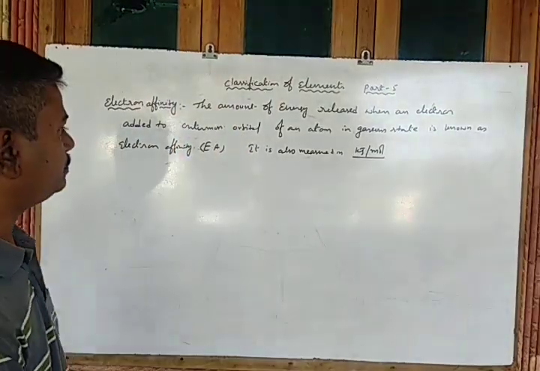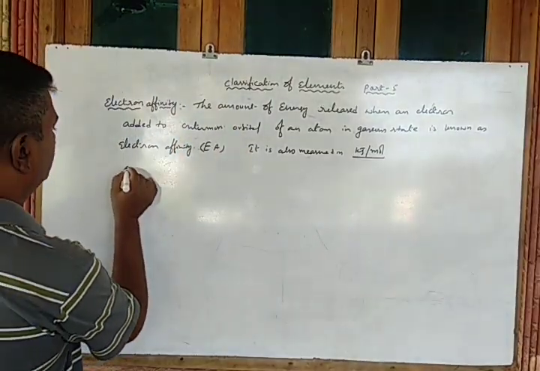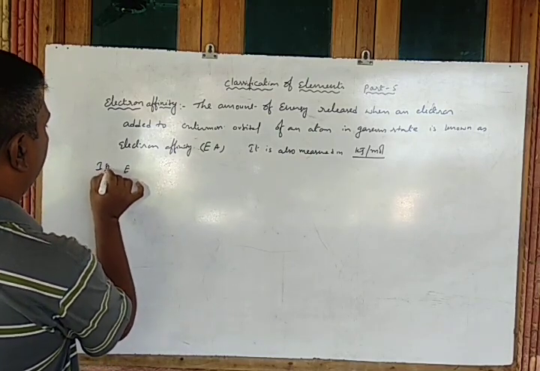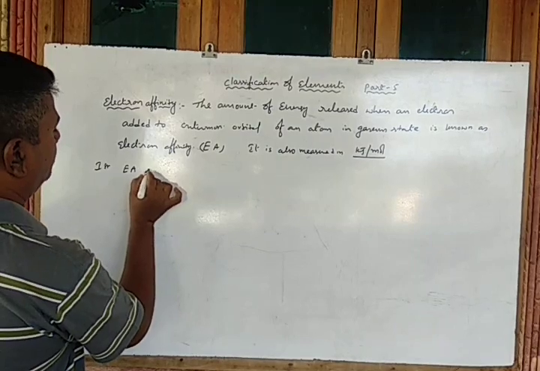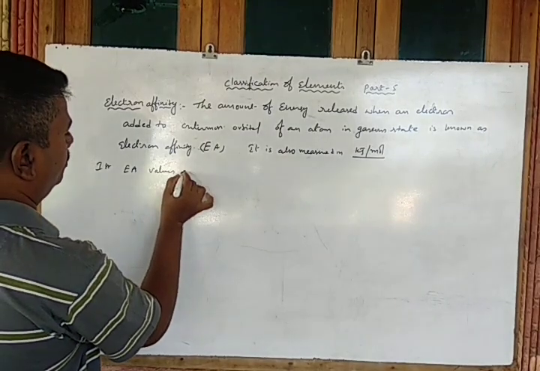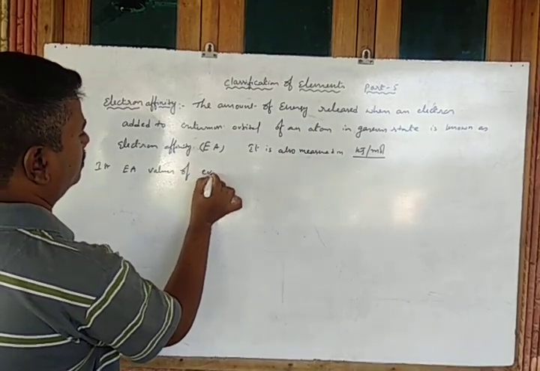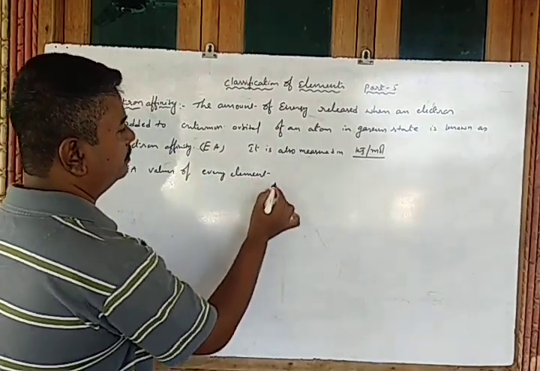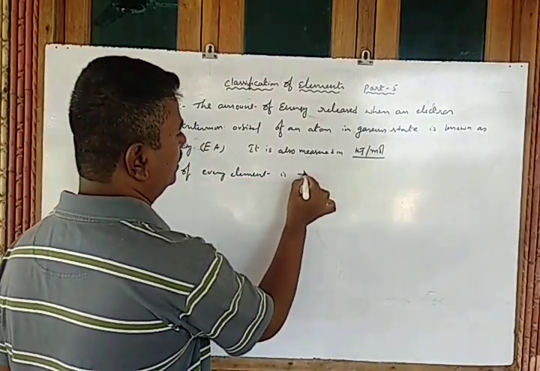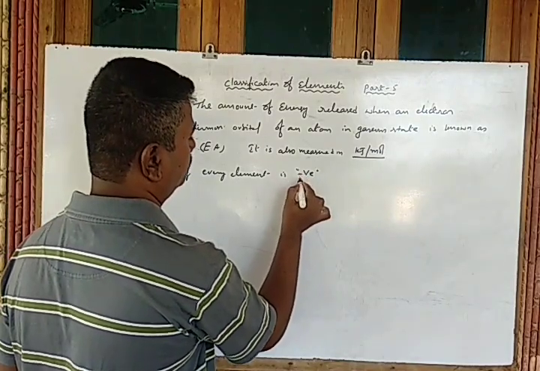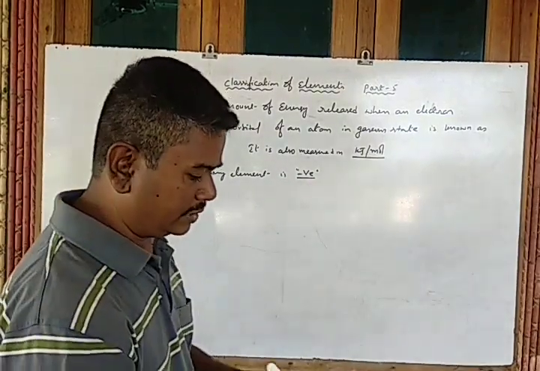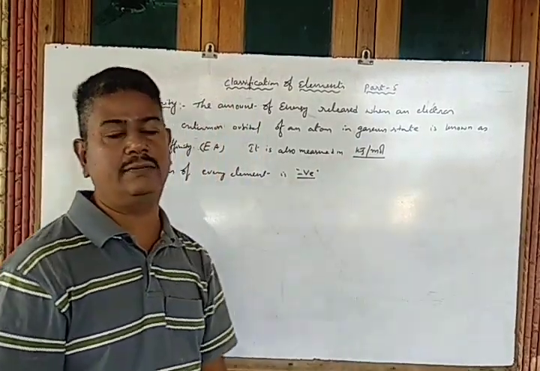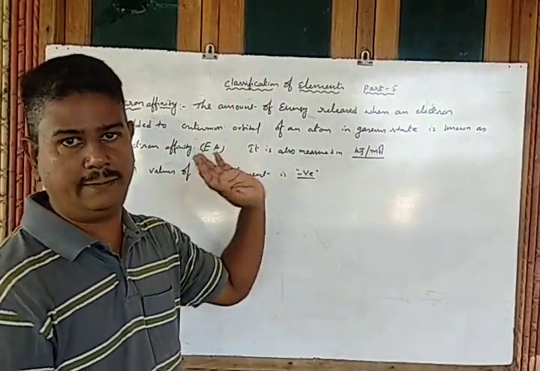Means the first electron affinity value of every element is negative. Here negative means an amount of energy is released, thermodynamically.